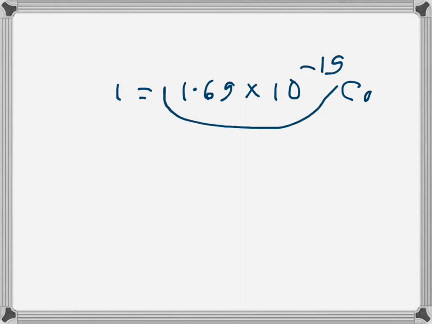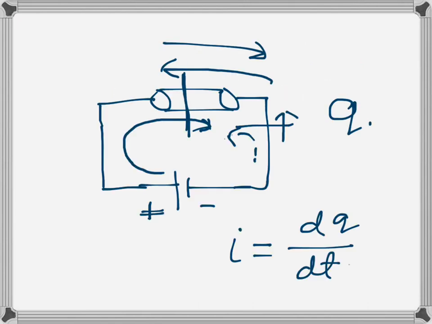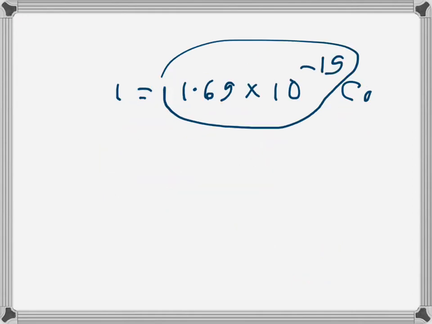We should remember that the charge of one electron is 1.69 into 10 to the power minus 19 coulomb. So coulomb is the unit of charge, but the charge of one electron is just this much coulomb. That's a very small charge, of course. So yeah, that's the definition of current: amount of charge flown per unit time through a cross section.